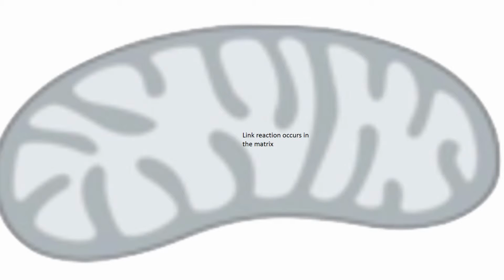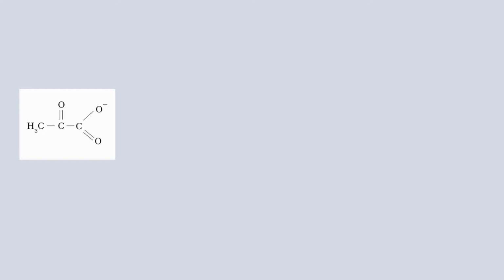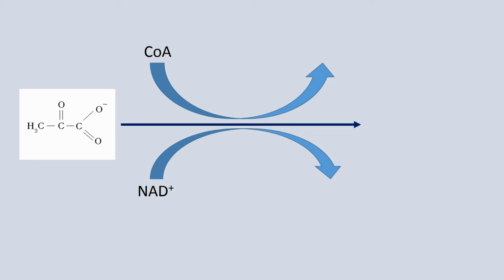Right, so let's look a bit closer at the link reaction in the matrix of the mitochondria. Starting from the beginning, we've just had the pyruvate transported into the matrix with those symport proteins, and that undergoes a reaction. We have 2 inputs here. Coenzyme A is going to join to pyruvate, and if it joins to pyruvate, something is going to have to be given off.